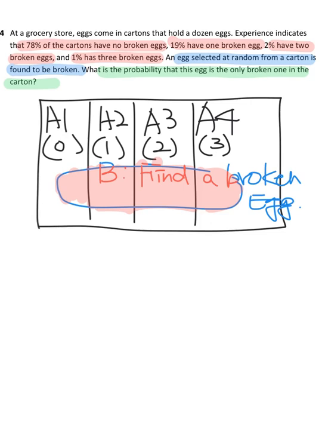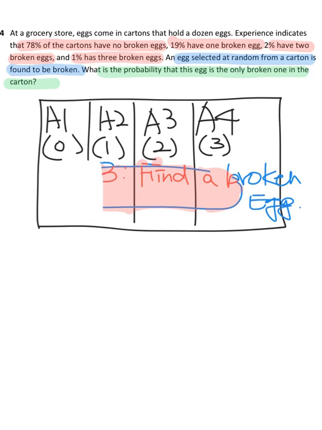Just a second. In A1, did we have broken eggs in the box? Every egg is clean. There is no broken egg, right? Can I find one? Impossible. It is impossible, right?